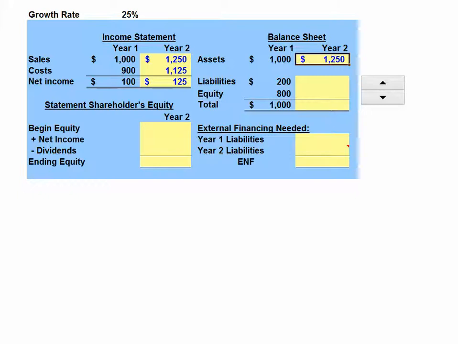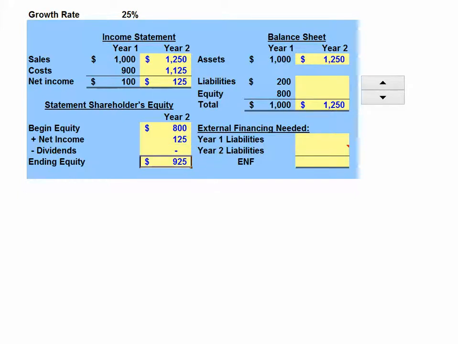Let's go ahead now and work on our balance sheet by building out our statement of shareholders' equity. Our beginning equity, again, $800. Our year one dividends, net income, $125. If we assume we have no dividends, it means our ending equity will be $925.